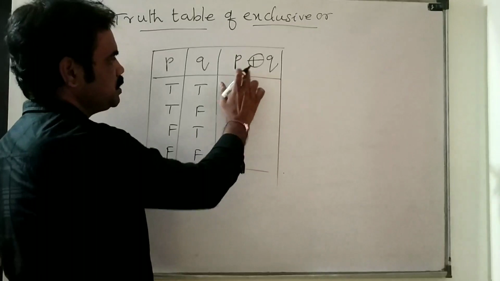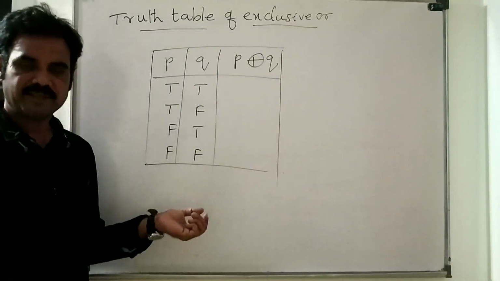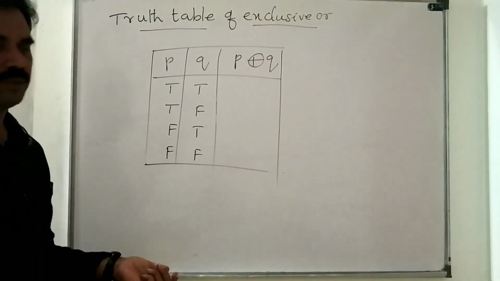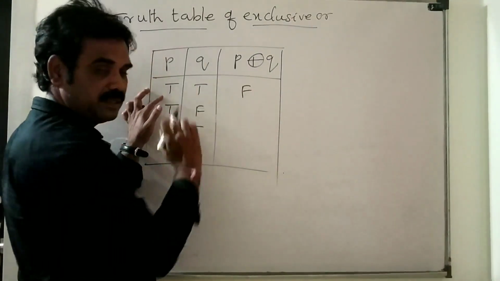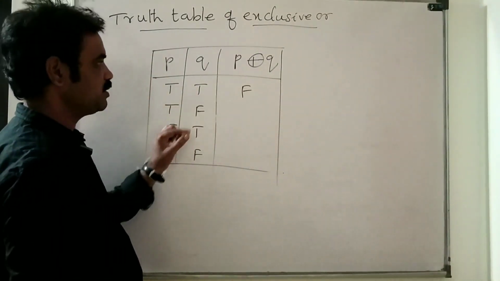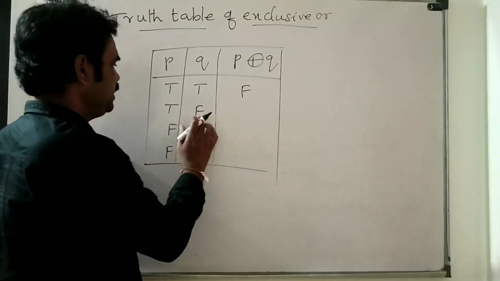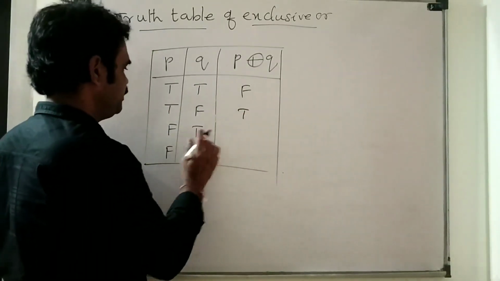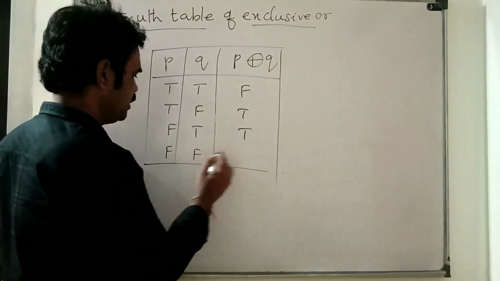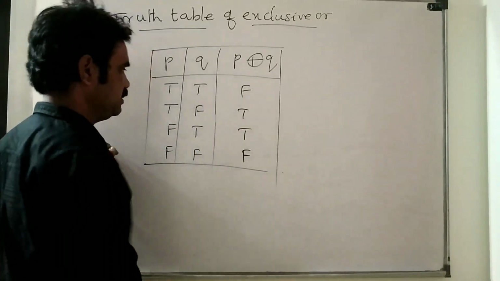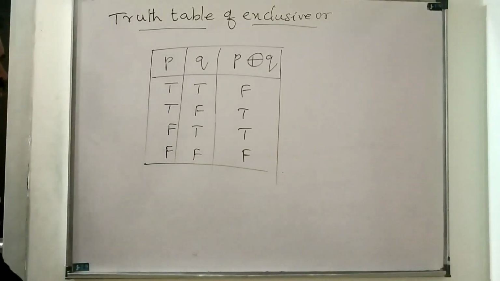And you know that exclusive OR is true when exactly one of the statements is true. TT, then it is false since exactly one statement is not true. TF, T. FT, T, since exactly one statement is true. FF, F. Okay. This is the truth table of exclusive OR.